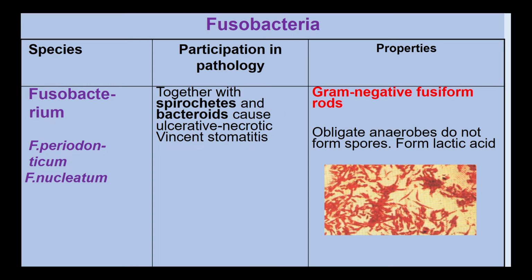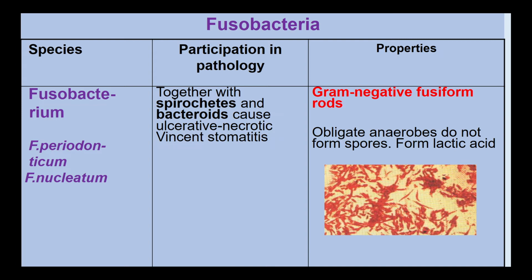The next bacteria, today we talked many times about it: fusobacteria, an intermediate colonizer. They are gram-negative rods with thin ends. Yes, it's a specific structure. Gram-negative fusiform rods, obligate anaerobes, they don't form spores, but form lactic acid, which also lowers the pH.